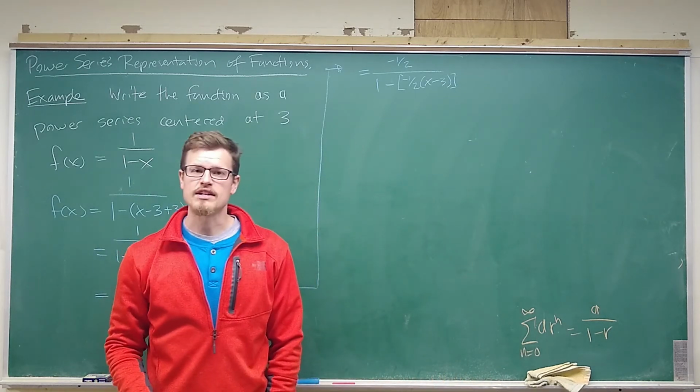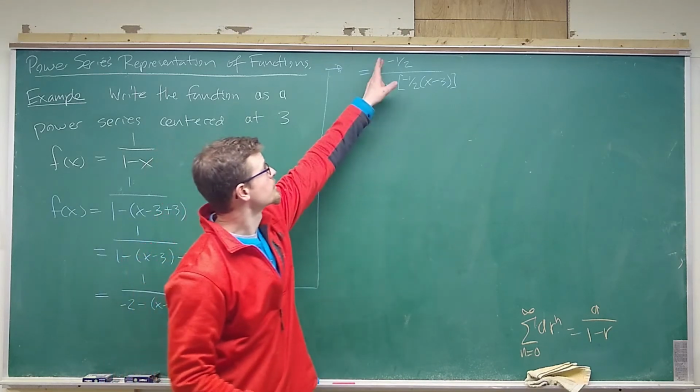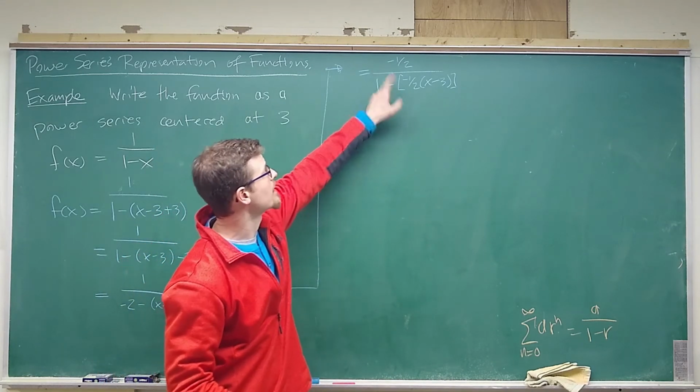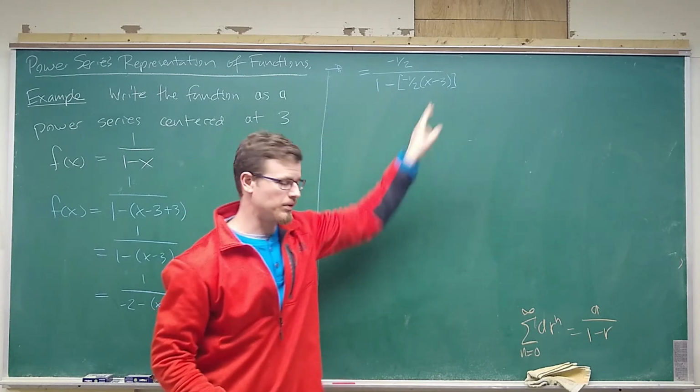And now we can see that it looks like the sum of a geometric series. Some number in the numerator, our a value, divided by 1 minus our r value.